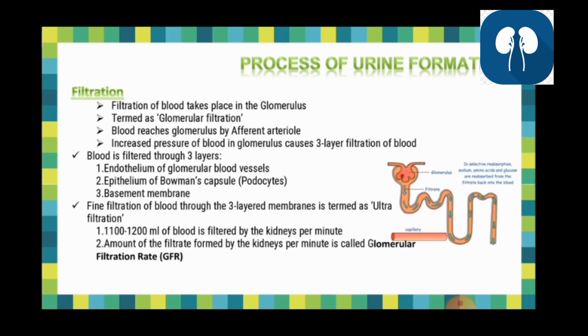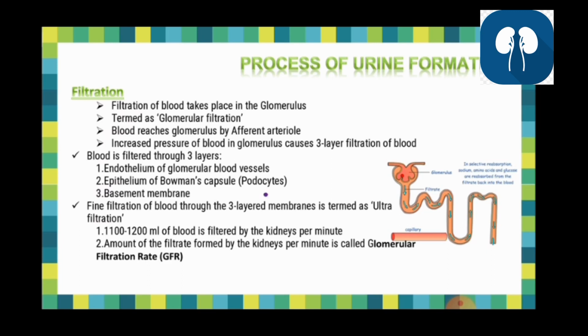What are those three layers? The first layer is the endothelium of the glomerular blood vessel, the epithelium of Bowman capsule, and the basement membrane between the two layers, right?